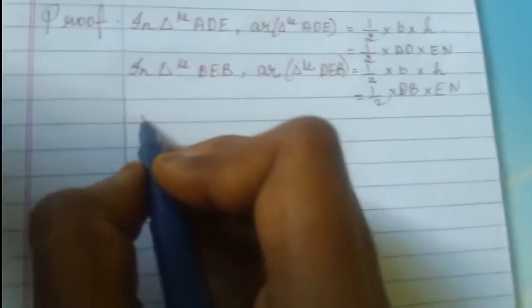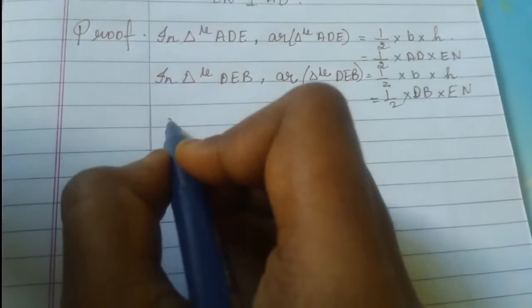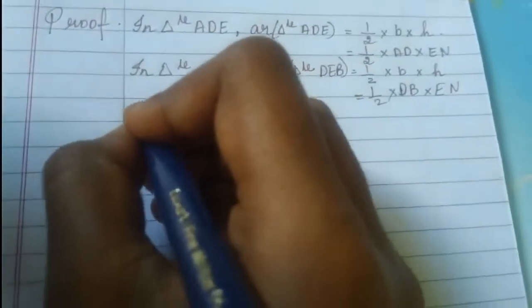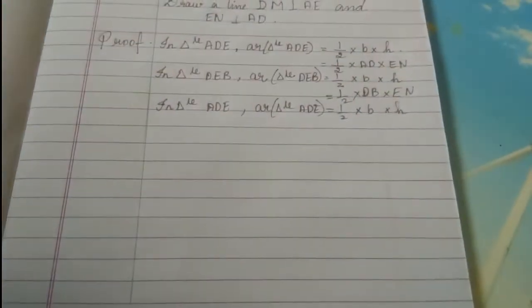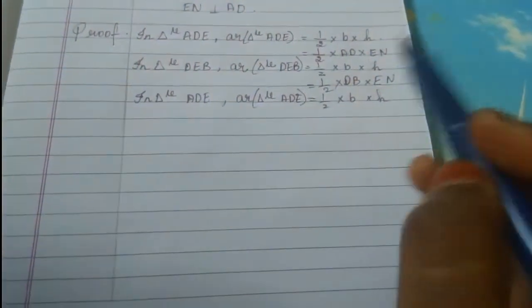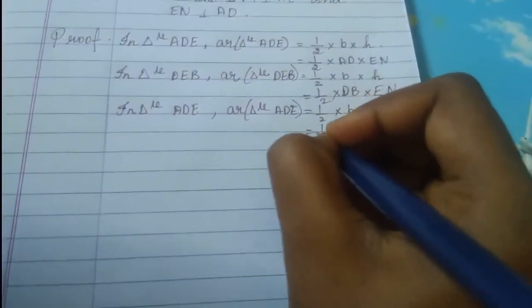So next, which triangle? Yes, in triangle ADE, in the same manner for this side of triangle, we take ADE. Area of triangle ADE is equal to half into base into height. For finding each triangle's area, we should write the formula, which is the correct way to write it.